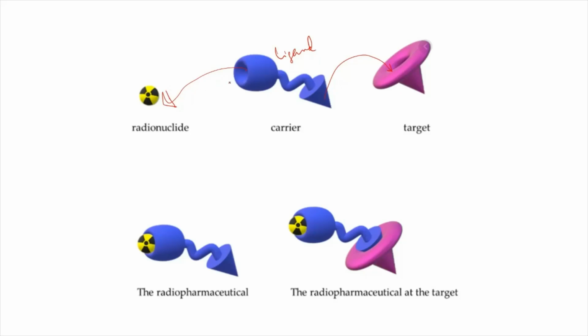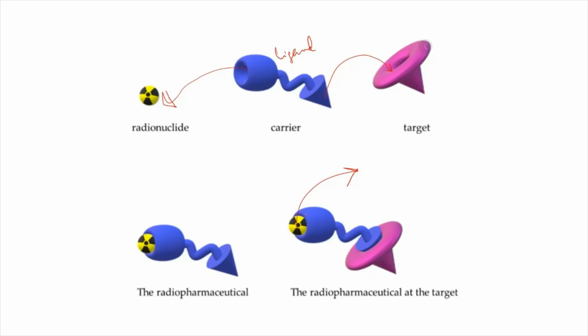Once we tag the carrier with the radionuclide, the compound formed is called a radiopharmaceutical, and it is directed to the target site. The radionuclide decides whether it can be used for therapy or for imaging.